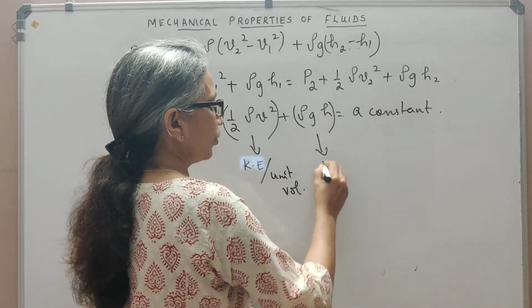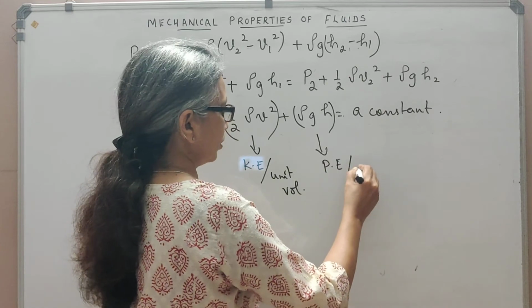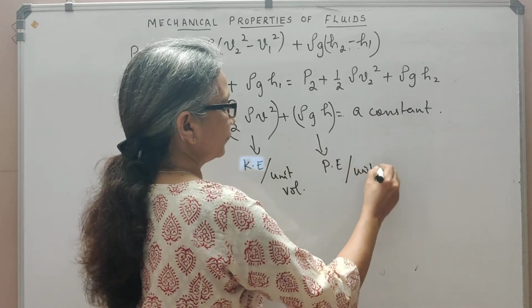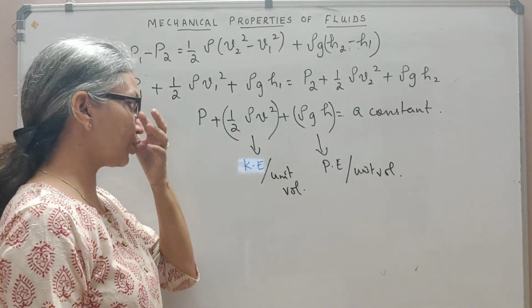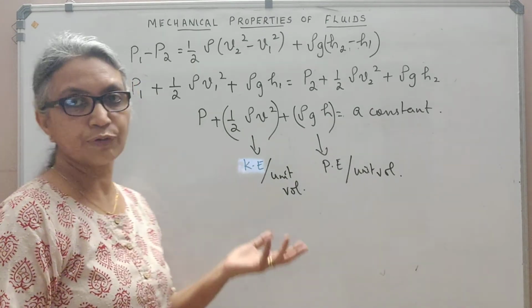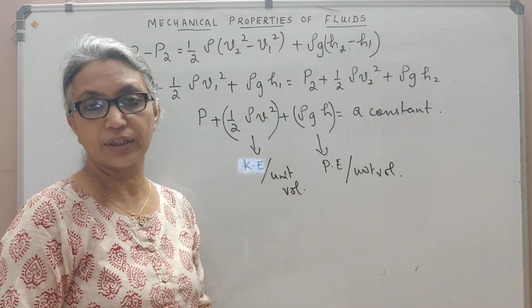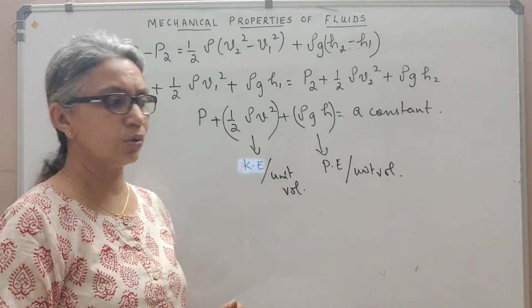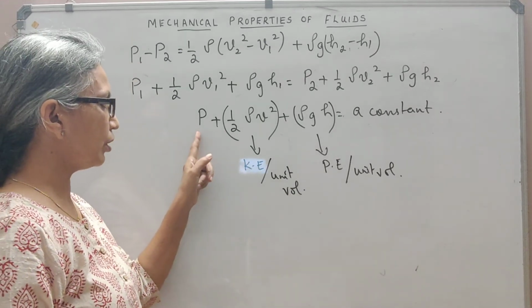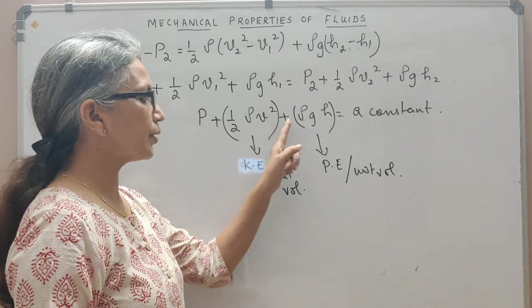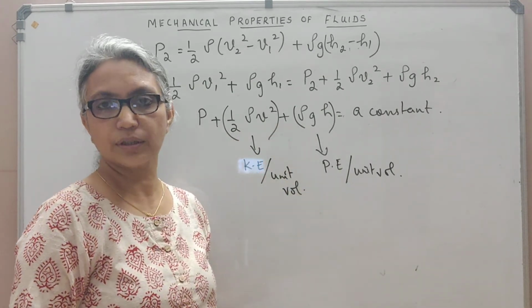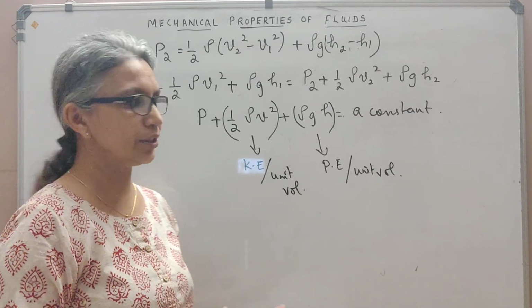Which means as a statement I may state Bernoulli's equation as, for an incompressible fluid in steady flow, the sum of the pressure plus the kinetic energy per unit volume plus the potential energy per unit volume remains a constant. So this is Bernoulli's equation.